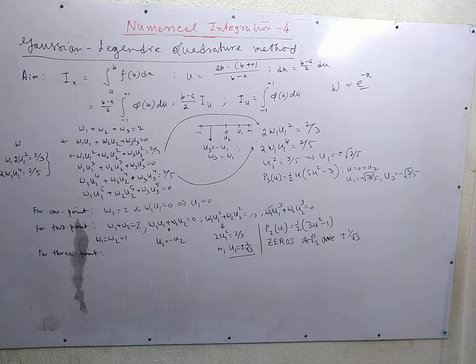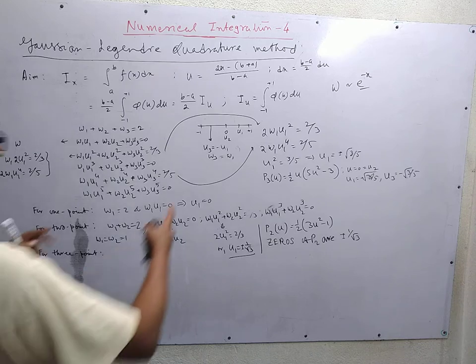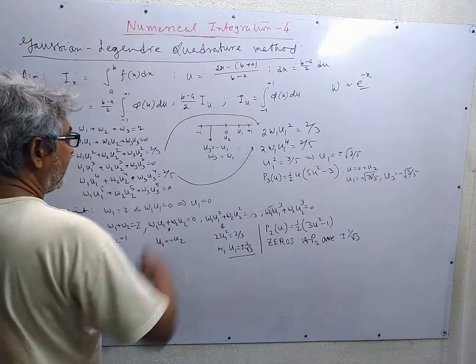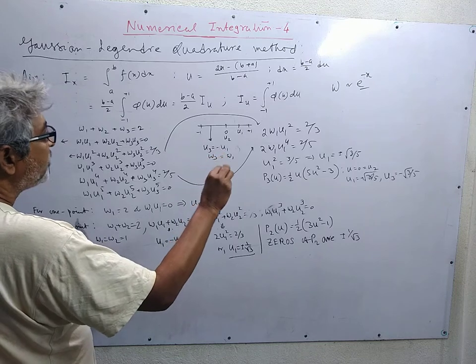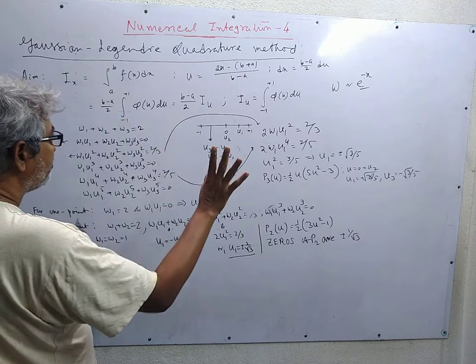This is the basic technique of the Gaussian quadrature formula. In your program, if you are asked to calculate this integral using the n-point formula, then n values of u and the corresponding w will be supplied.